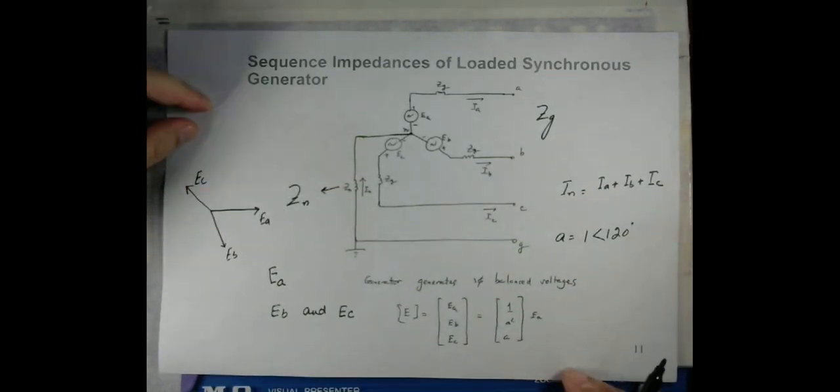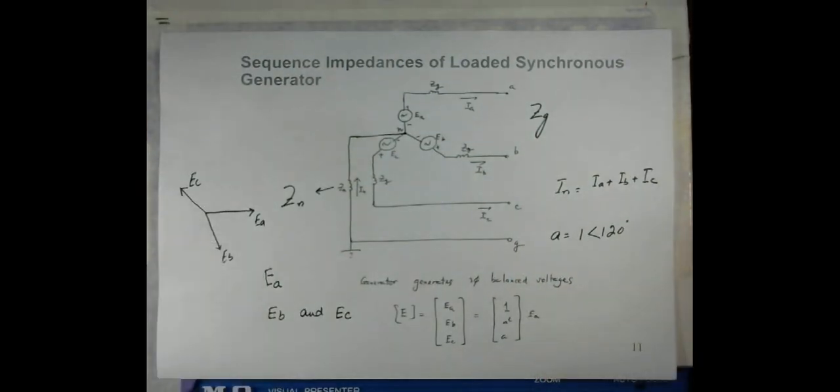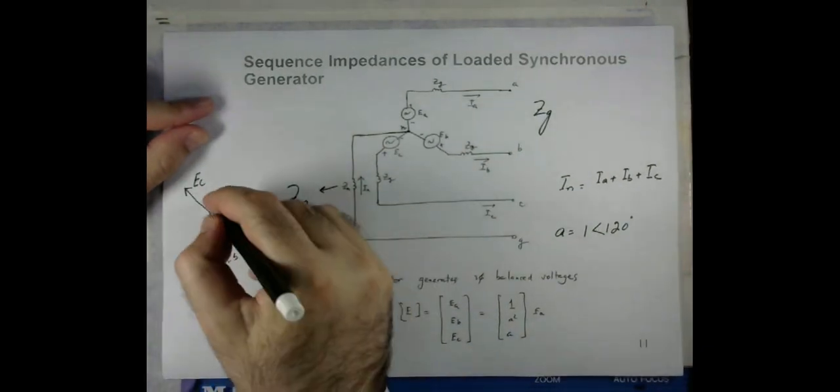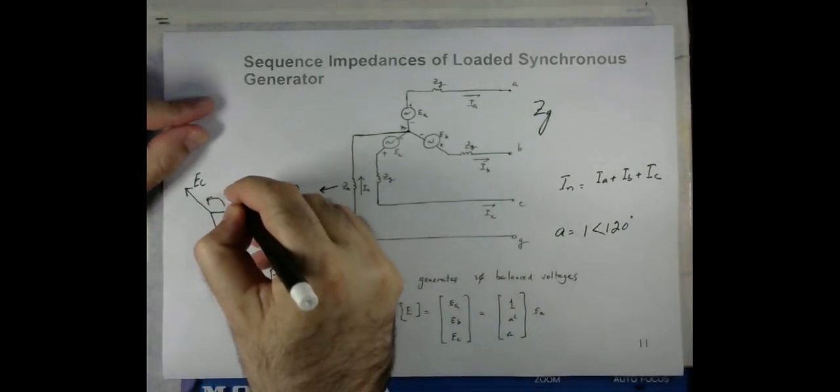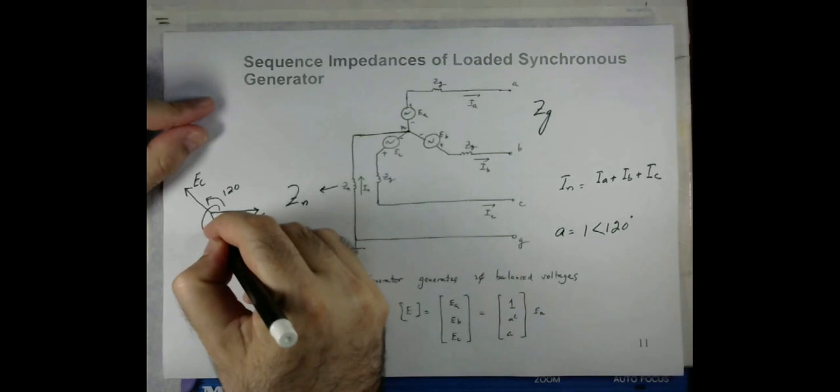I have not drawn the angle very properly, but you know that all three are shifted by 120 degrees. That's why we have a 120 degree angle here, and an angle of 240 degrees here.